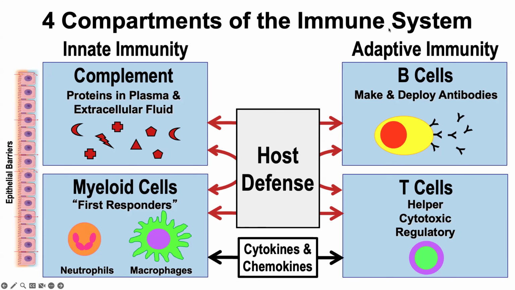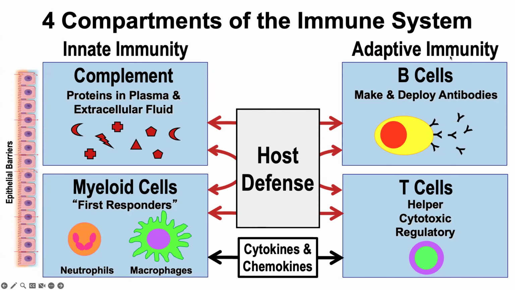The other half of the immune system is what's known as the adaptive immune system. This is the part of the immune system that learns. It gets better each time it sees a pathogen or something that it's supposed to respond to, like a vaccine.